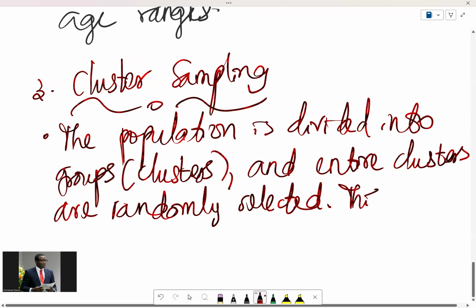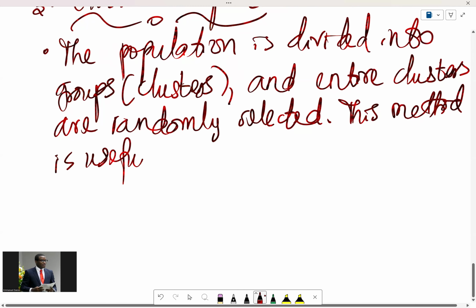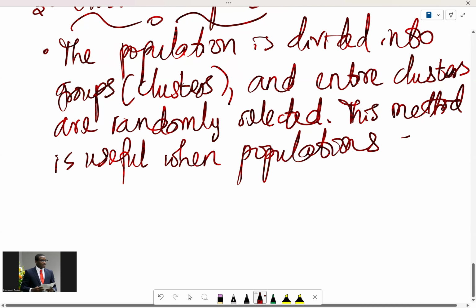This method is actually useful when populations are geographically dispersed.